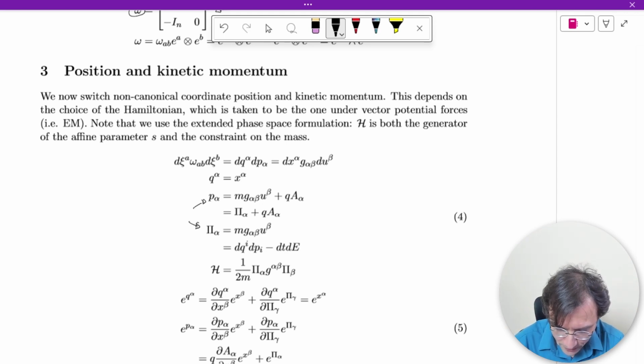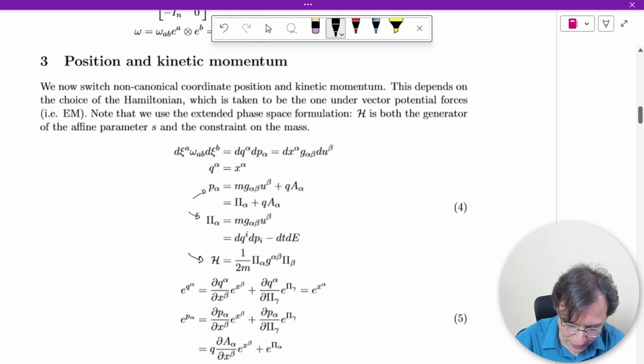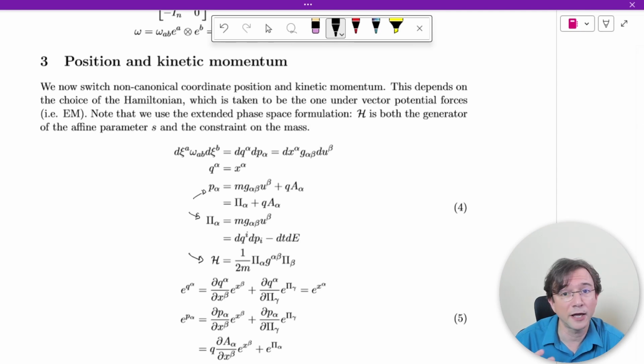Okay, and so what we are going to do is essentially take the Hamiltonian for a particle under electric and magnetic field, and it turns out that if you have this expression here, the momentum turns out to be m g_αβ u^β plus q A_α, where q is the charge and A_α is the vector potential of the electromagnetic field.